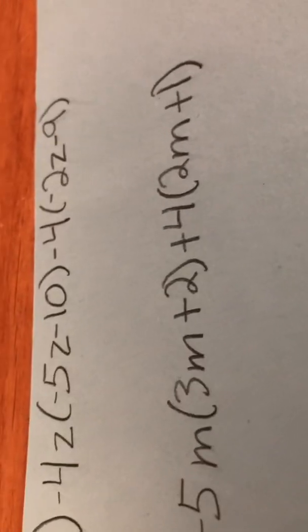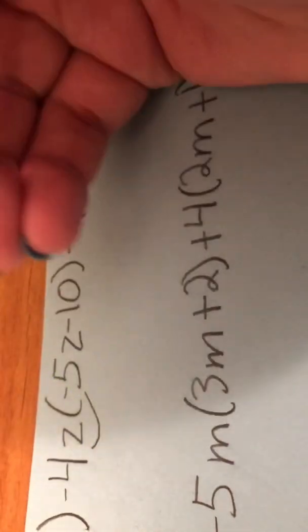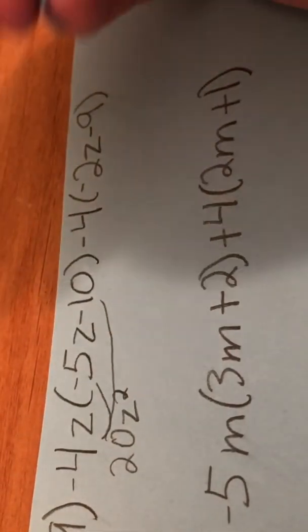Then we go on to number 9. So distribute. 20z squared. Remember adding the exponents.